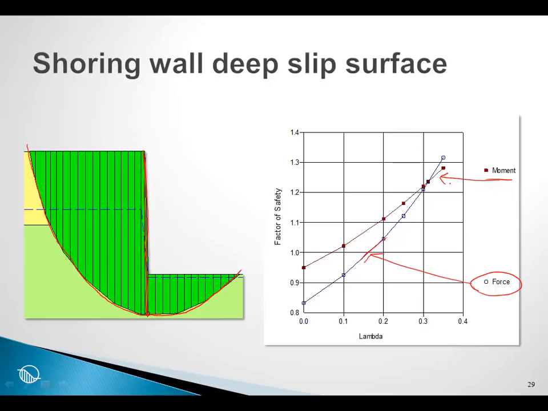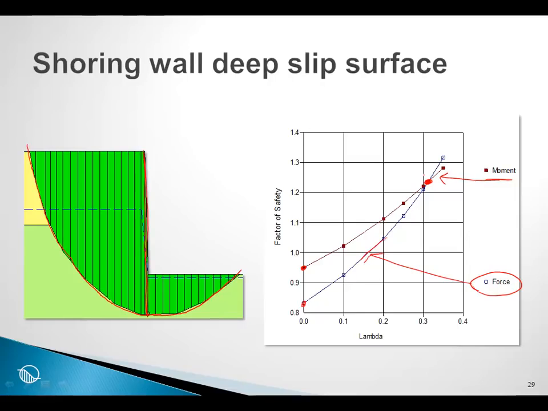And now we see a very big difference between a Bishop and a Janbu and a Spencer factor of safety, for example. In this case, if you relied on the Bishop factor of safety, you might say that the anchorage for the wall is not adequate and more anchorage is required.